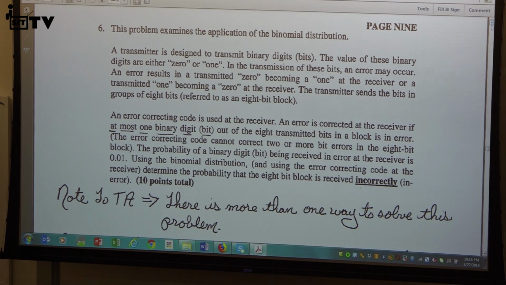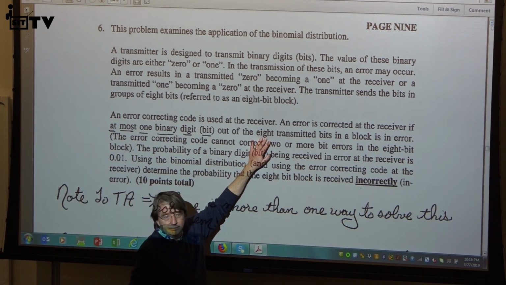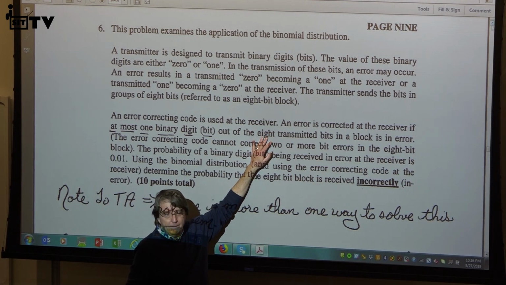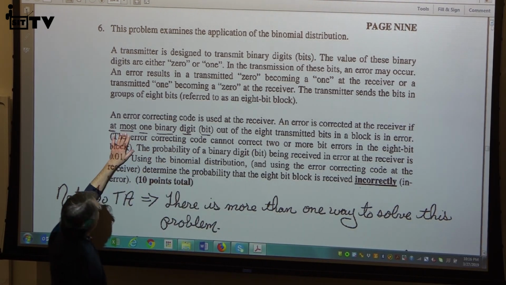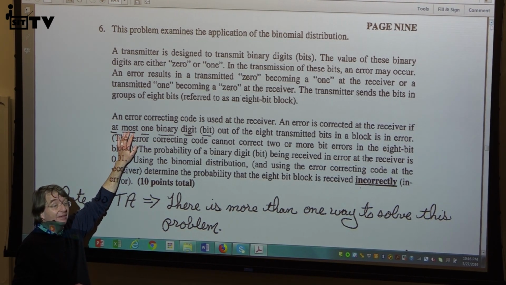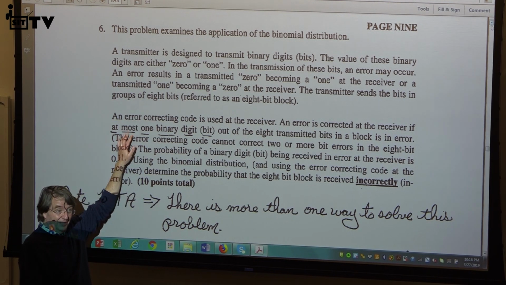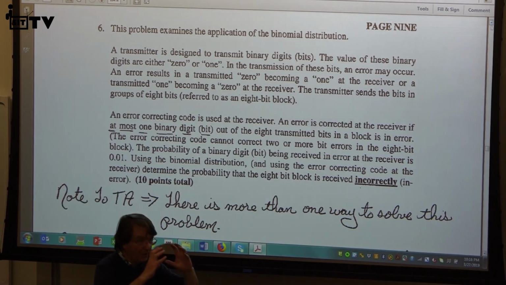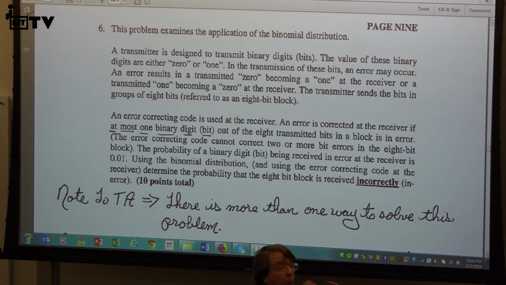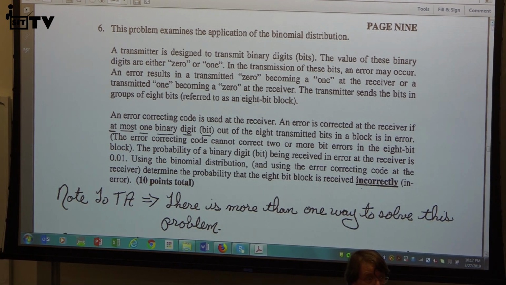So here's the deal. If I send you 8 bits, and at most 1 is an error, the receiver fixes it. So I send you a group of 8 bits. Suppose one of them gets corrupted, 1, but no more than 1.